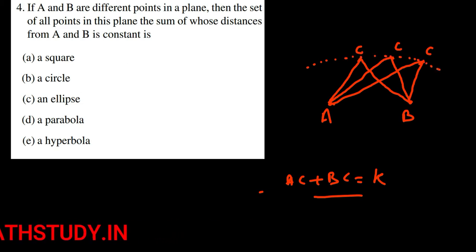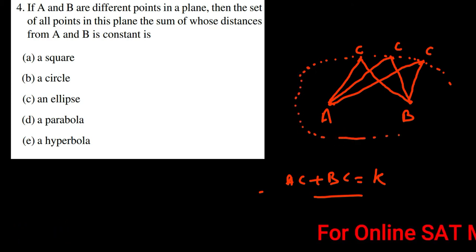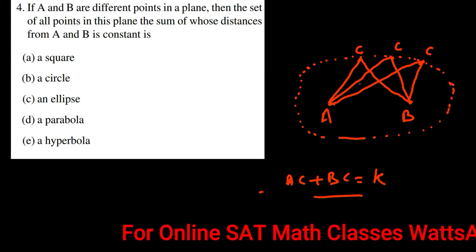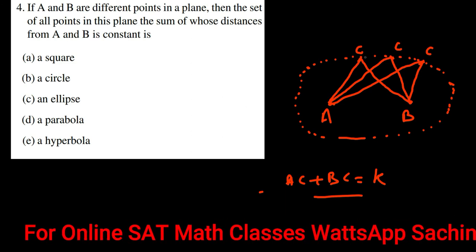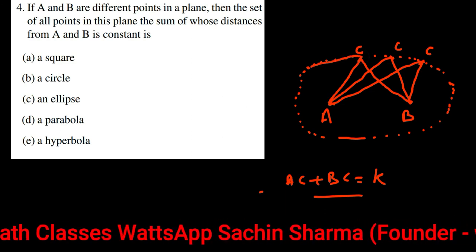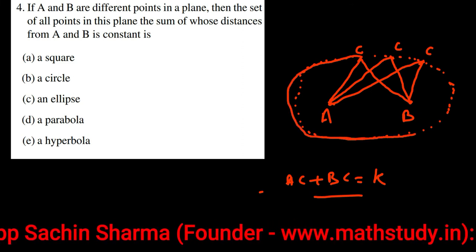So as we know that the locus of ellipse is what? This is a freehand drawing, so it may be a little bit different. So the locus of these points is basically an ellipse here, right? The locus of these points is an ellipse.